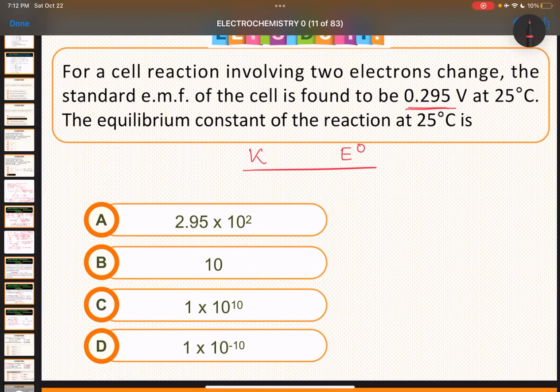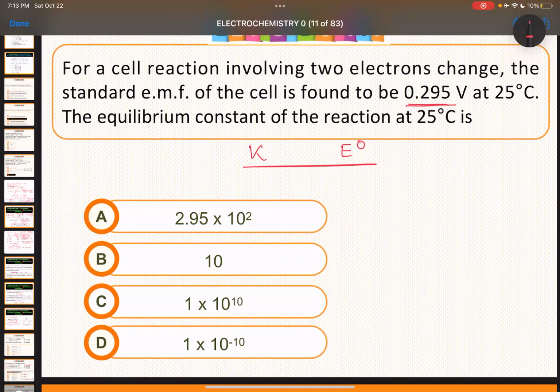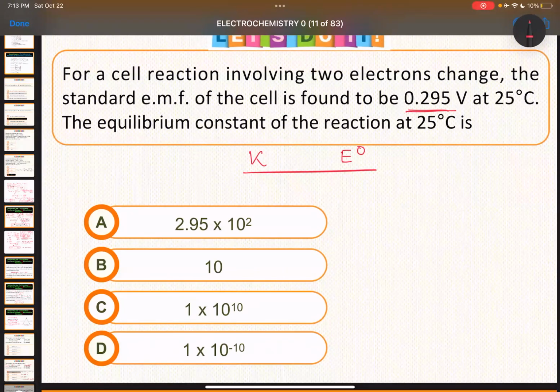Suppose you forget, then how are you going to work it out?